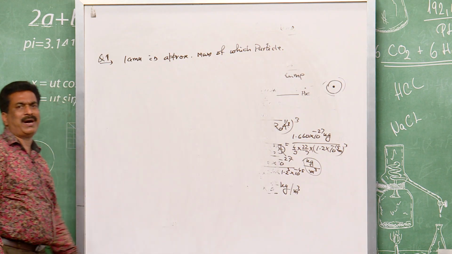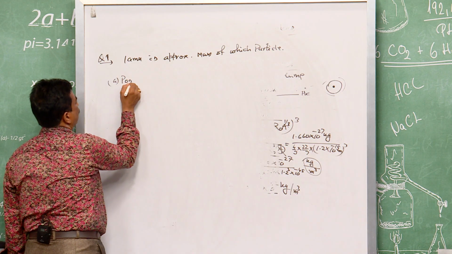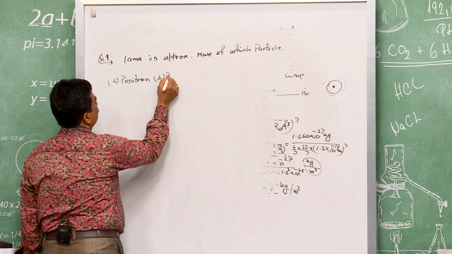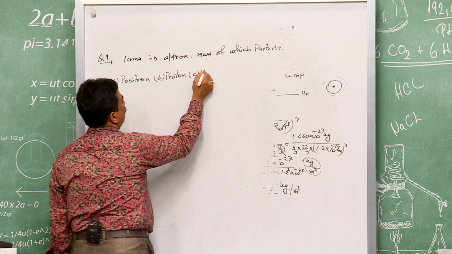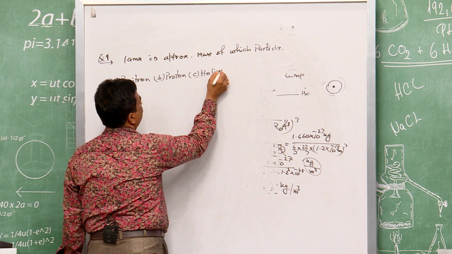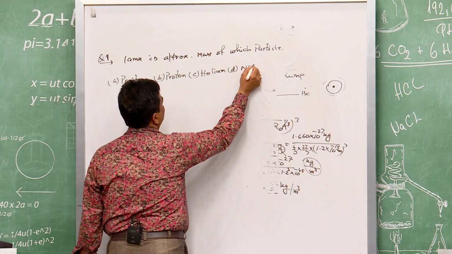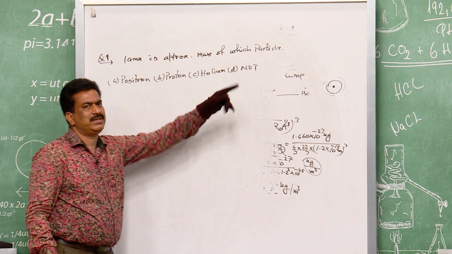Suppose there are four answers. One is the positron, second is the proton, third is the helium, and the fourth is none of these.